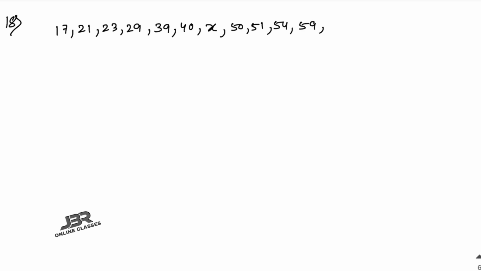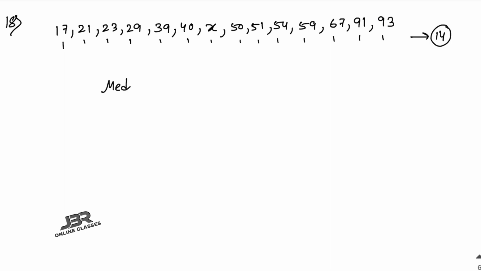So first write down the observations: 17, 21, 23, 29, 39, 40, x, 50, 51, 54, 59, 67, 91 and 93. First you have to count how many observations there are: 1 2 3 4 5 6 7 8 9 10 11 12 13 14. That means a total of 14 observations.